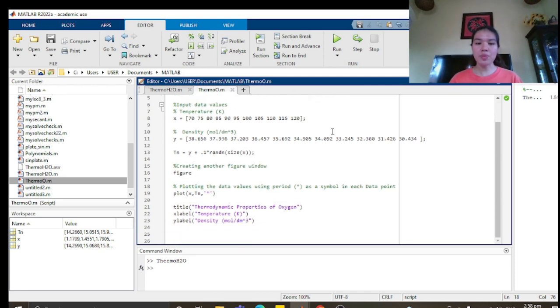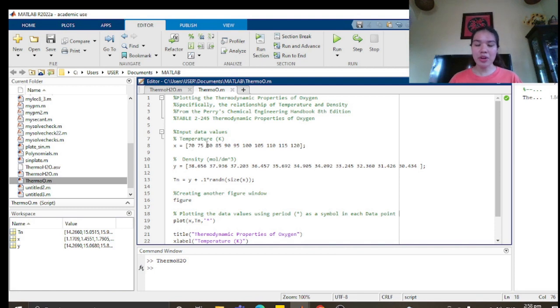So first, we're going to put the data values: x as temperature in Kelvin, from 72 to 120 with a step size of 5, and then its corresponding density in mole per cubic decimeter.